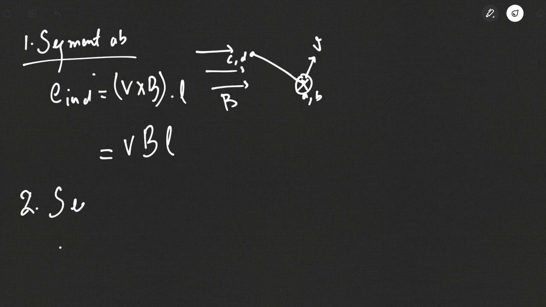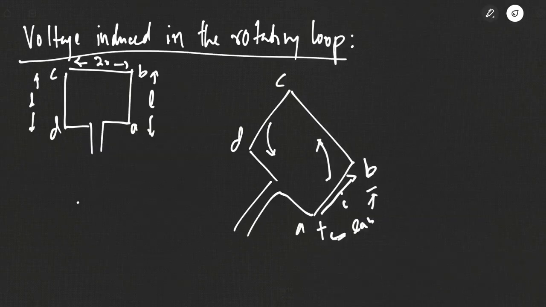Then comes segment BC. If you look at segment BC, in this case, half of the line segment, from B to, say, E, lies under the influence of the south pole, whereas E to C lies under the influence of the north pole.